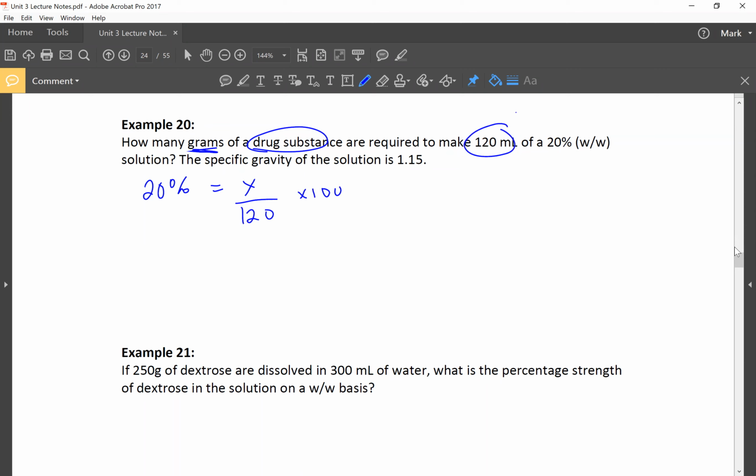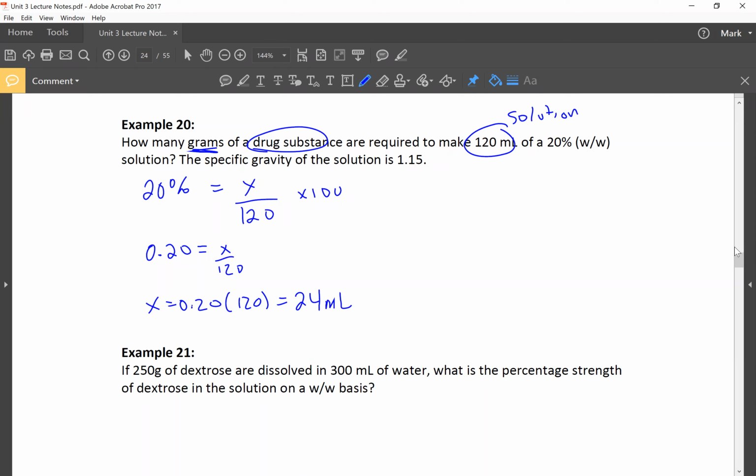So pretty straightforward setup for this. This is the solution. Very important that we know that. This is the entire solution. Okay, so 0.20 equals X over 120. X is 0.20 times 120. You guys do not need to show me all of your workings. So 0.2 times 120 would give me 24 milliliters.